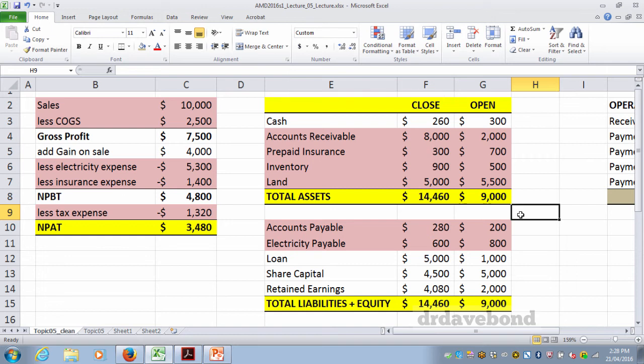So we have a credit to land of 500. Now that would generally, for what we're doing here, mean that we have sold land. So what does the entry for that look like?